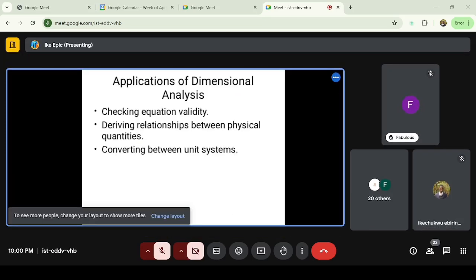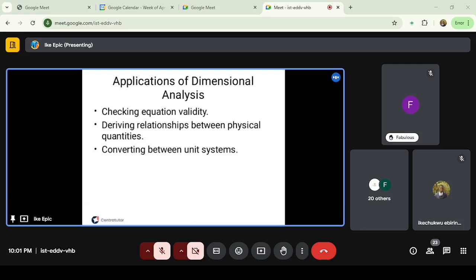So after this session of teaching, we'll be taking the final question and answer session. Before we go into the first example, this next session is about dimensional analysis. We said that to get the dimension of any quantity, you express it in form of fundamental quantities, that's mass, length, and time.